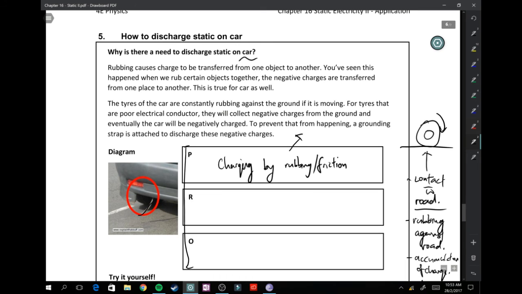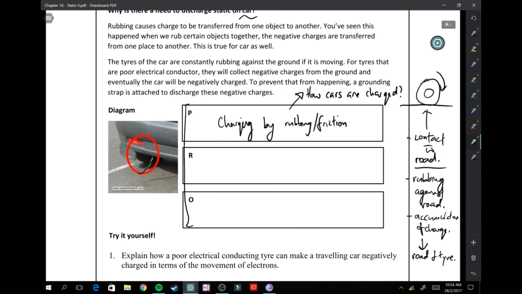You may want to know that I'm actually talking about how cars are charged, because we need to understand this first before we talk about discharge. So there's charging by rubbing or friction, and it's between the road and the tire.